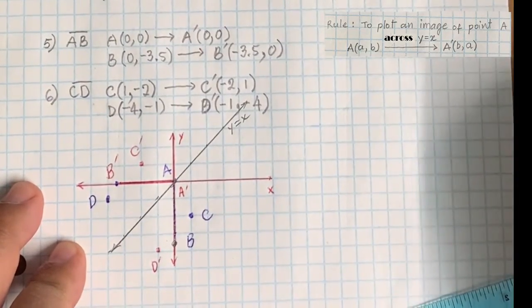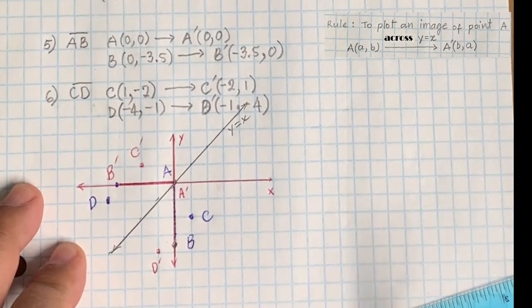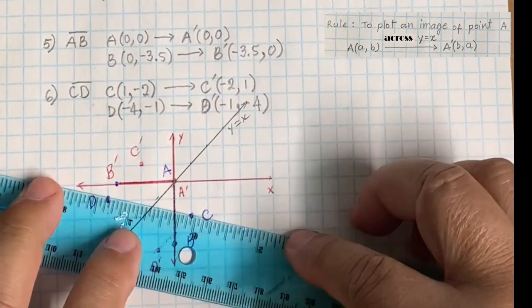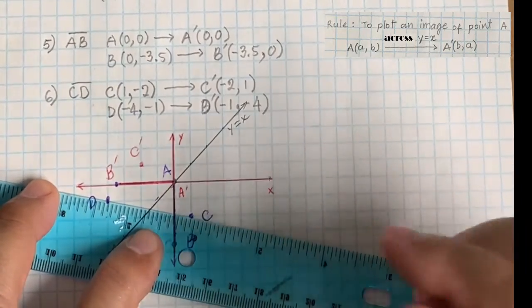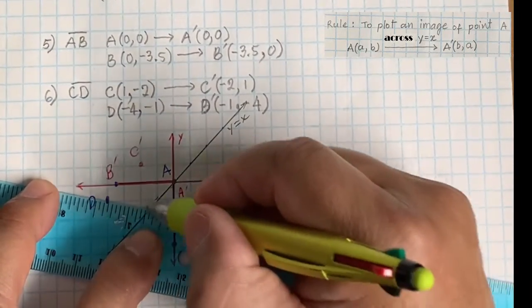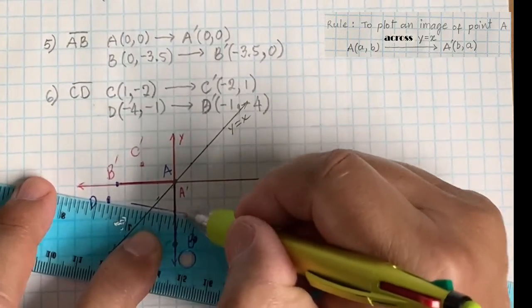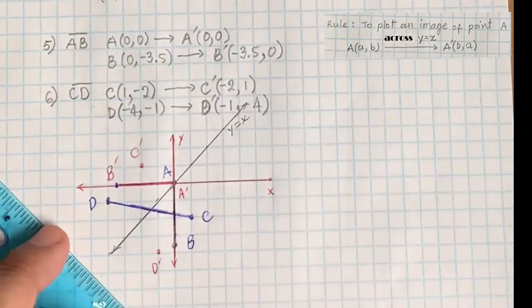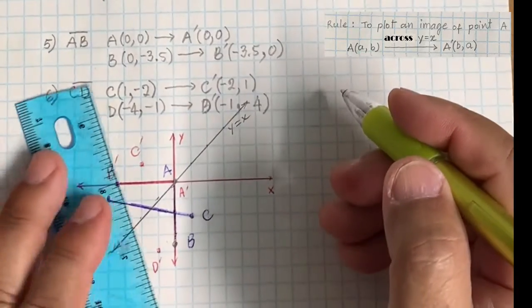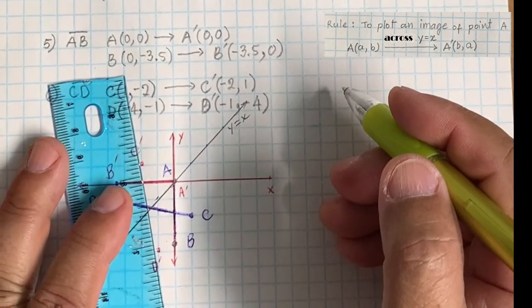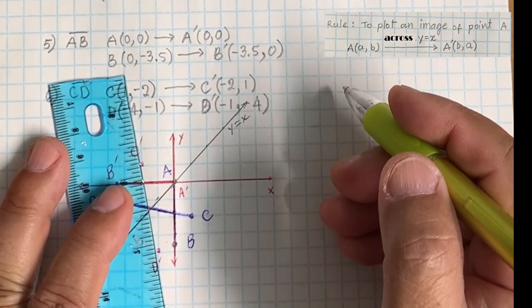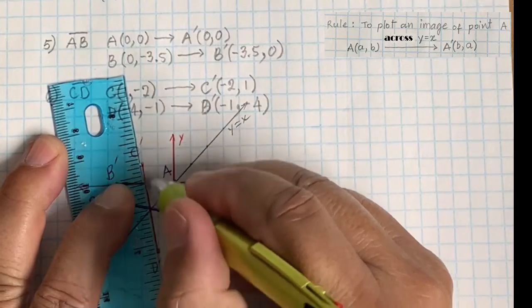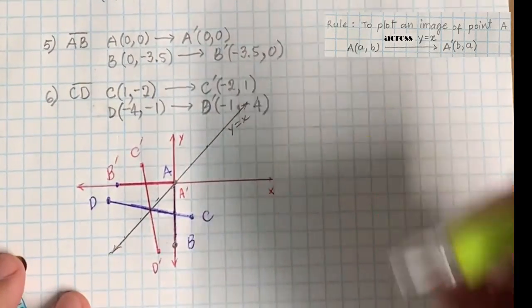Now segment CD is this one. And then segment C prime D prime is going to be this one. All right, that's it. You're done.